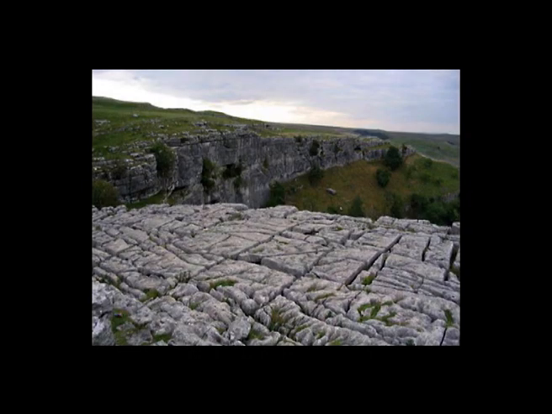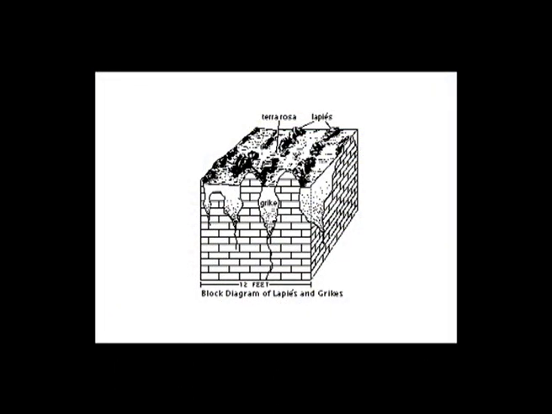In between the bedrock there are many gaps, produced by the solvent action. By this action the intervening beds are removed and the limestone looks like a pavement. This is also the typical diagram for the lapis.